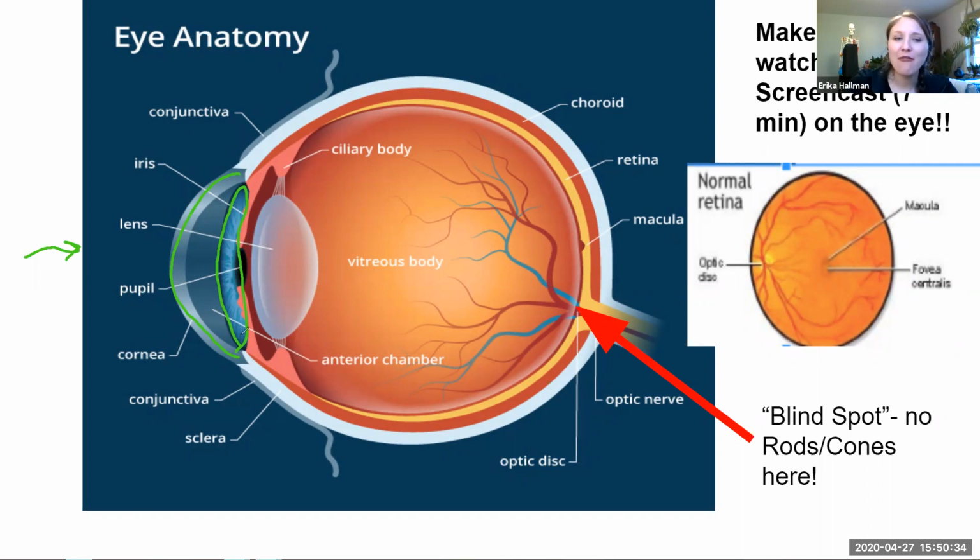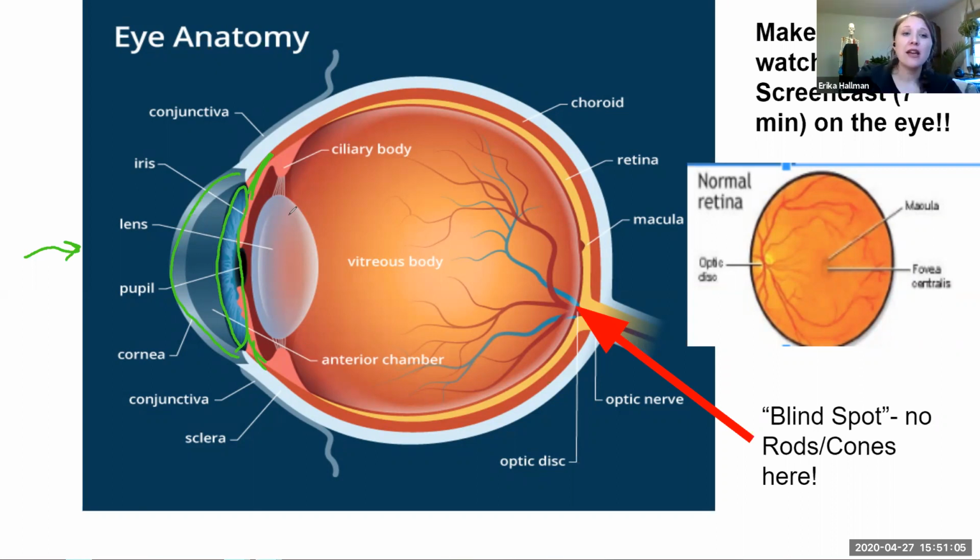And while it does have pigmentation that's deposited on the surface that gives your eye the different color that it is, the muscle can actually expand or contract based on where it is attached to the outside part of the eye. And that's what allows your pupil to dilate or constrict. Dilate means that the pupil gets bigger, and constrict means that the pupil gets smaller. So that's part of how we're able to maintain the homeostasis of how much light can hit our eye.